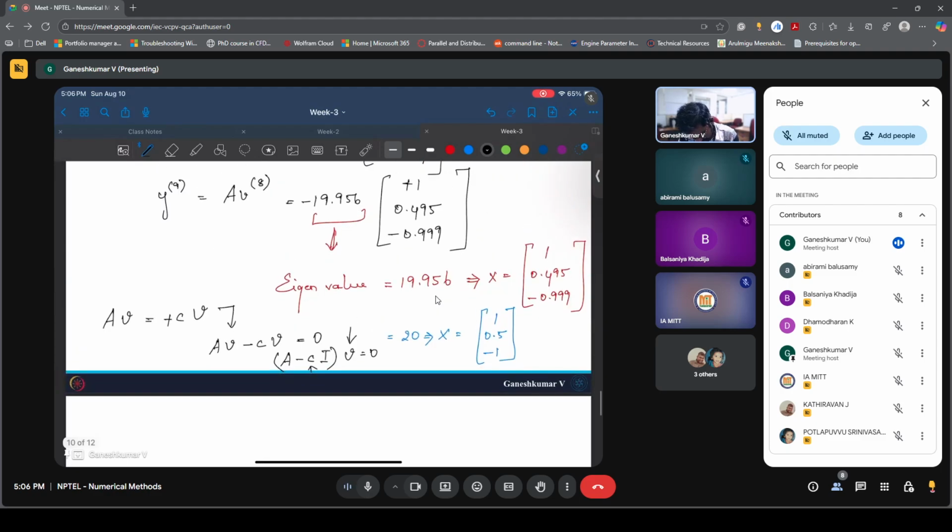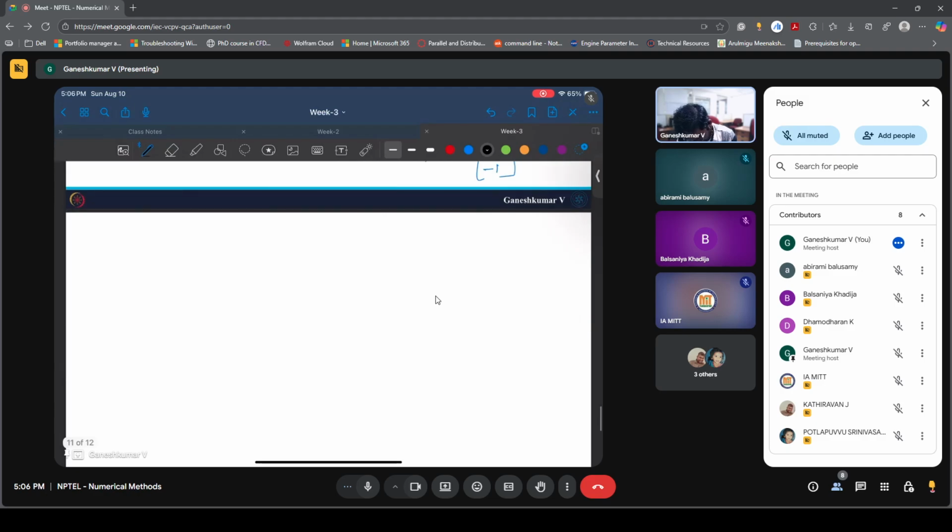If I take c to be minus 19.956, this is Ax equal to lambda x. Yeah, very good question. I didn't realize this. Thank you, sir. Ax equal to lambda x.